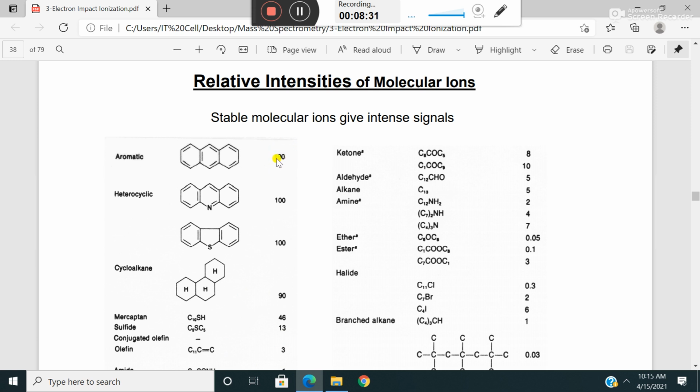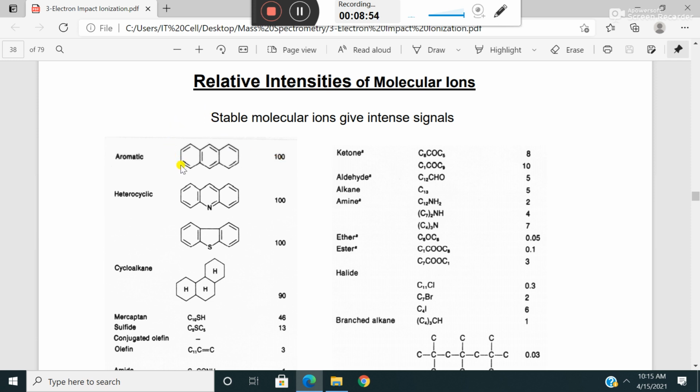So sometimes it's possible that your molecular ion could be the base peak if it is that stable. In some cases it does not happen, but in other cases it's possible that the molecular ion peak could be your base peak. Just look at here.